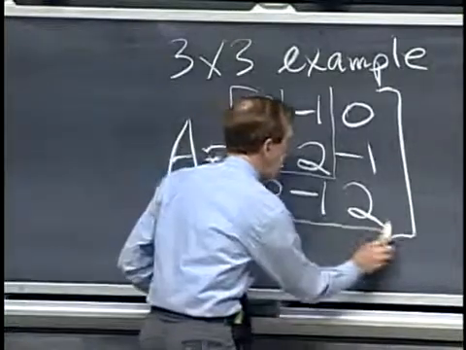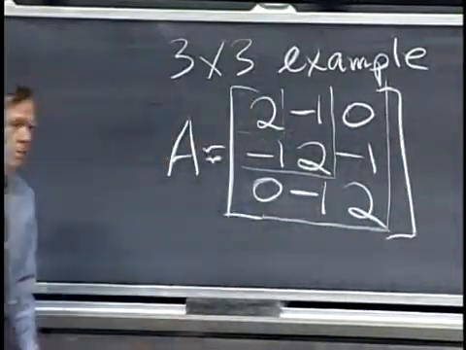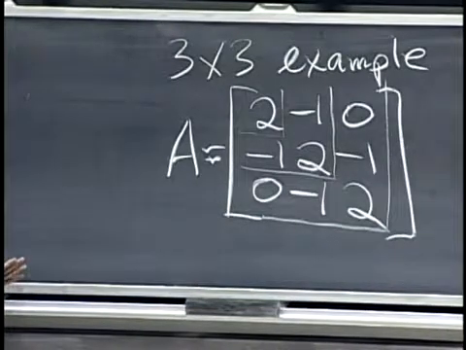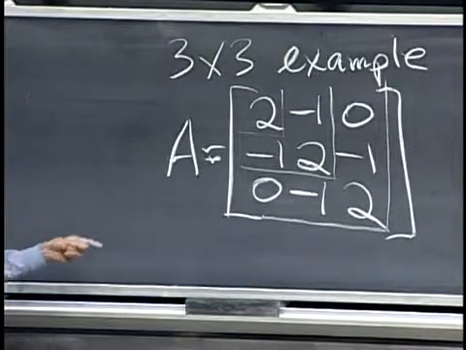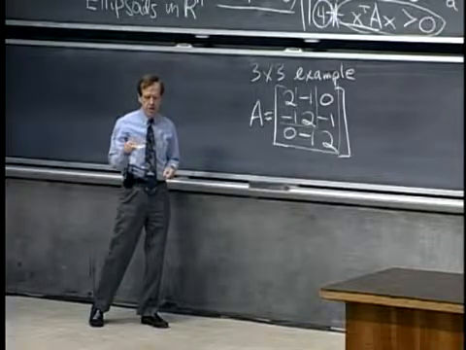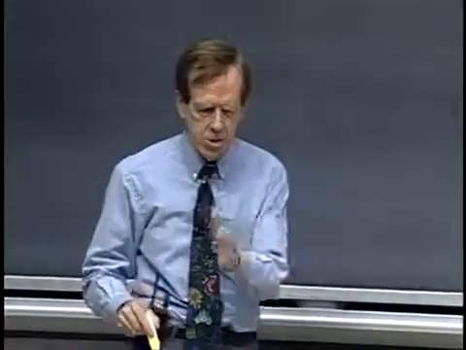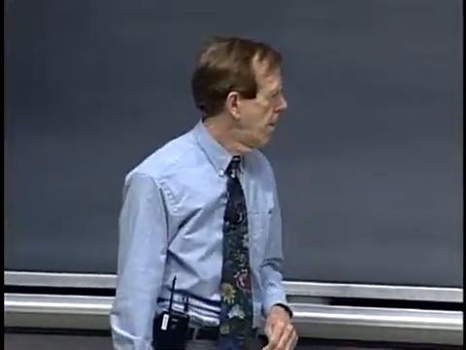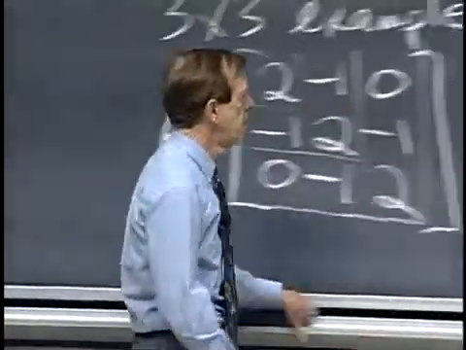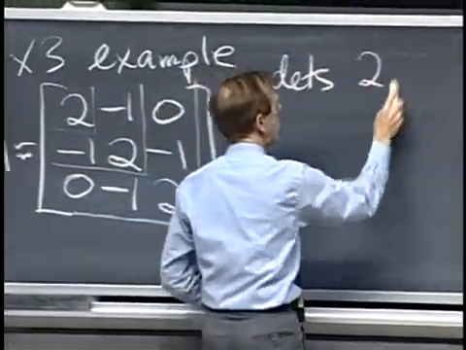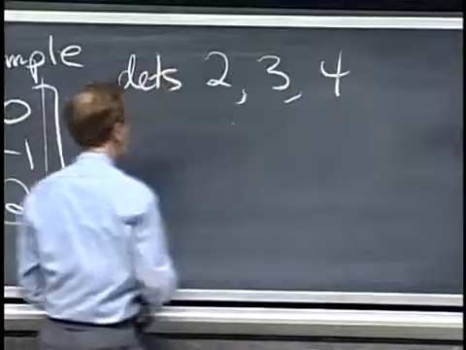And anybody remember the answer for the 3 by 3 determinant? It was 4. You remember for these special matrices, when we did determinants, they went up 2, 3, 4, 5, 6. They just went up linearly. So that matrix has determinants 2, 3, and 4.